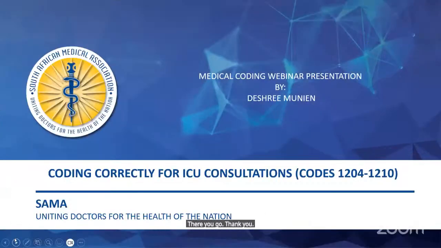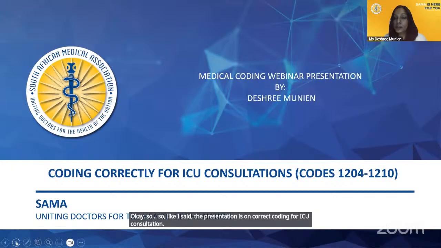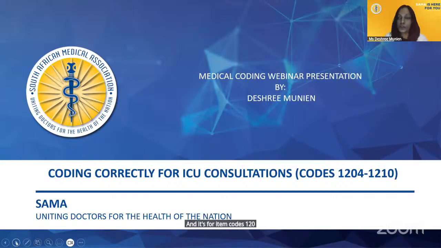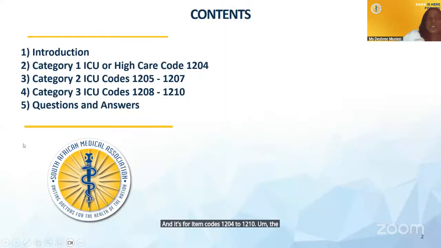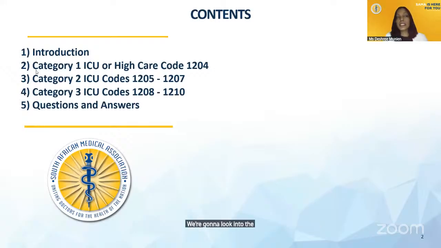Like I said, the presentation is on correct coding for ICU consultation, for item codes 1204 to 1210. Secondly, we're going to look into the category 1 ICU or high care code 1204.